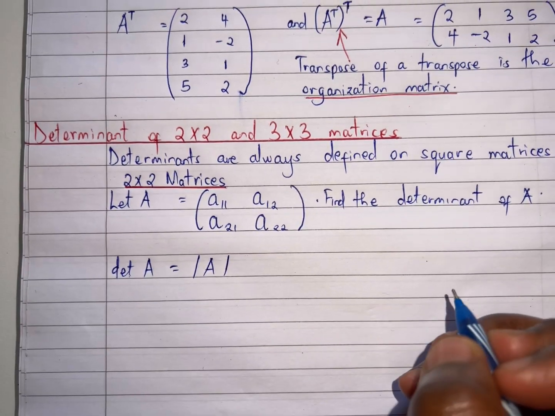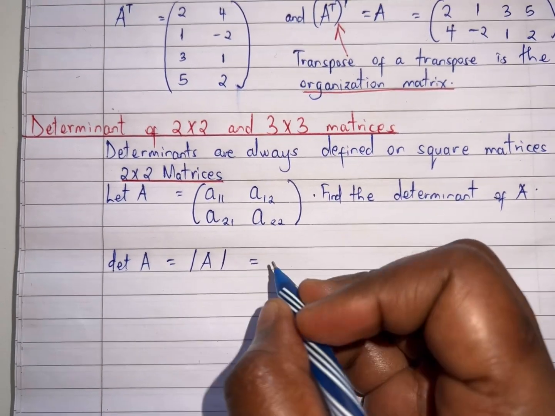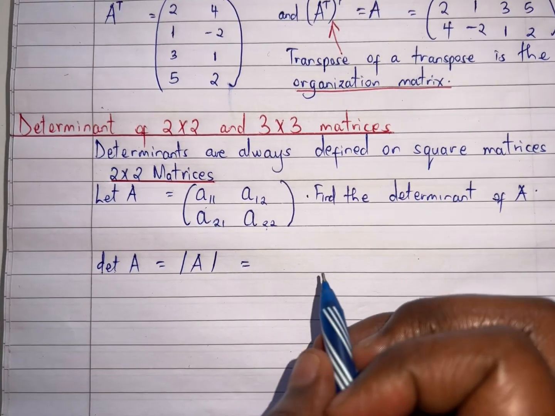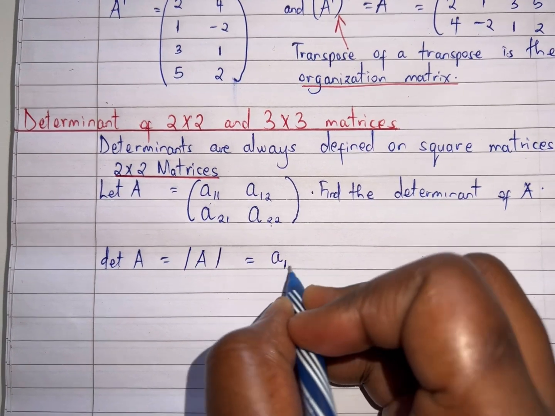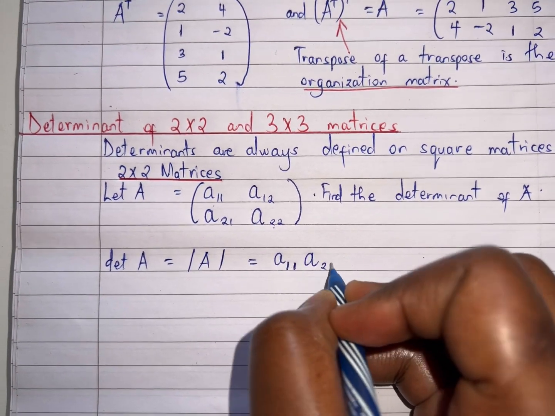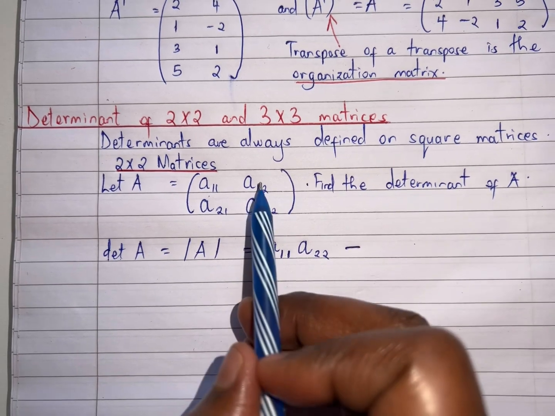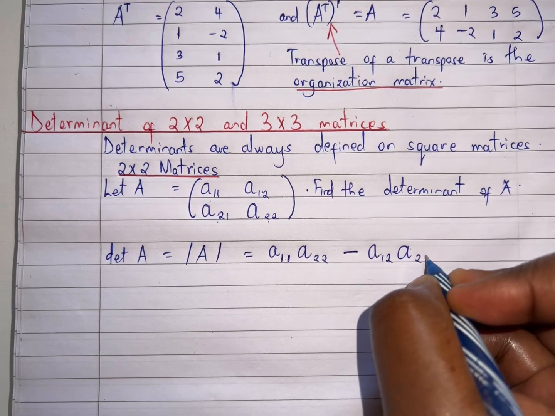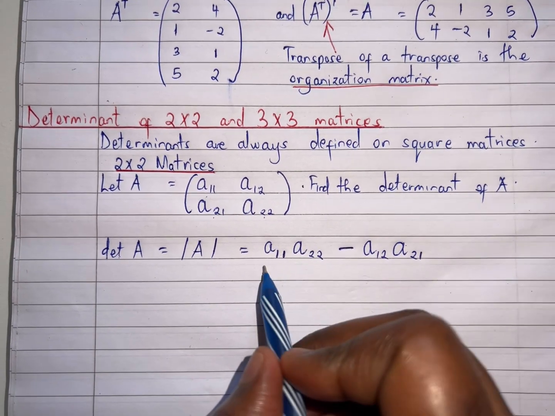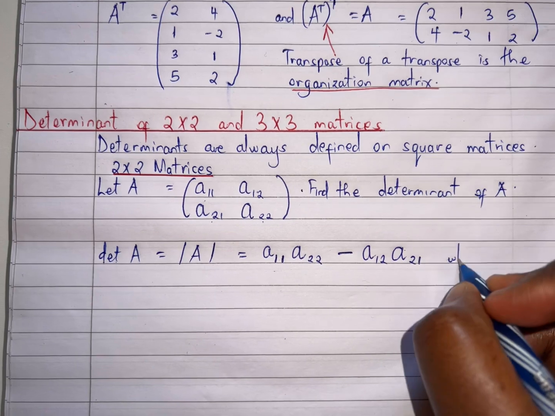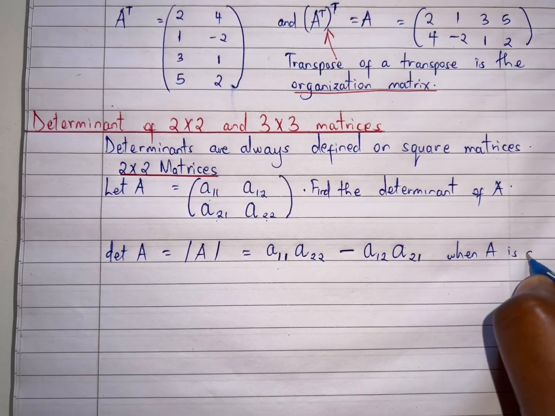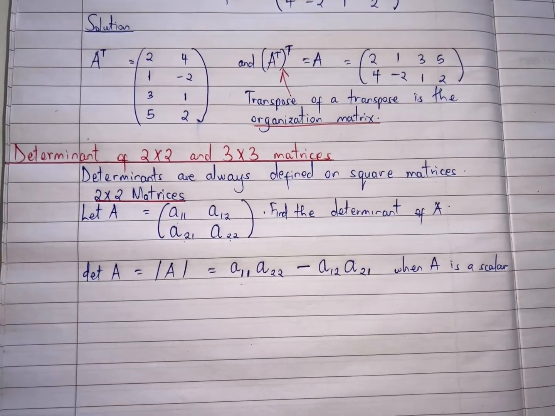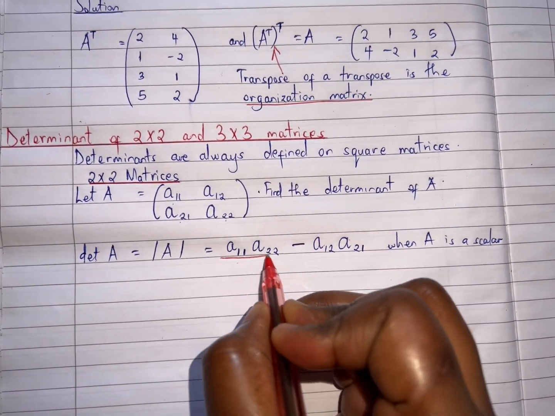To work it out, we take A11 times A22, minus A12 times A21. That is the formula for finding the determinant in each and every question. I hope that's understood.